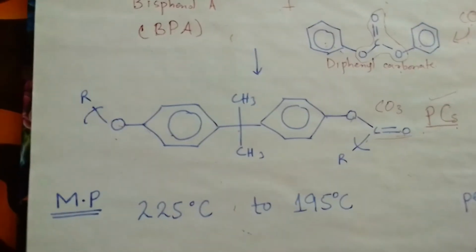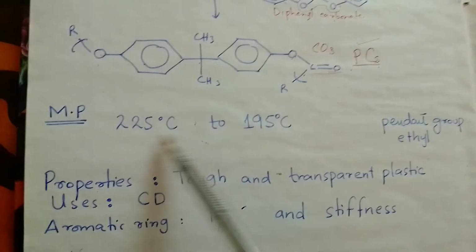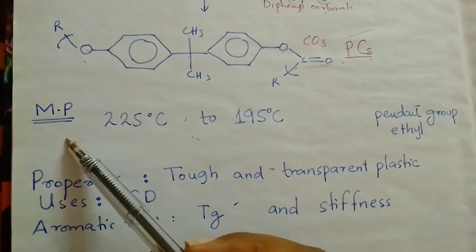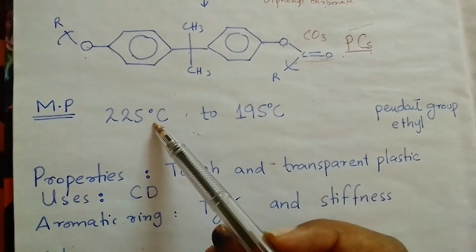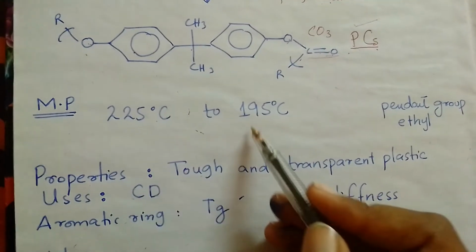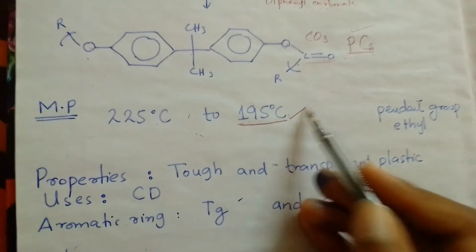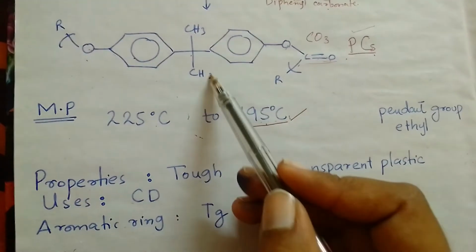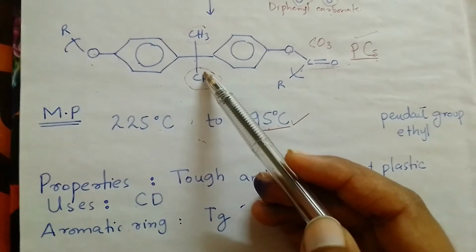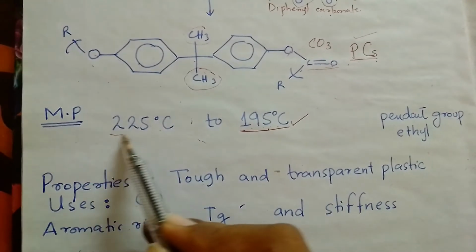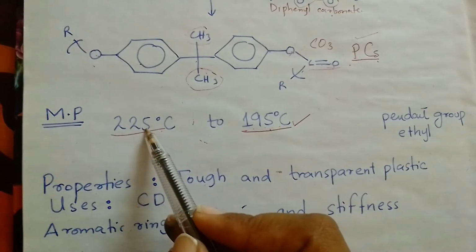Now let's move toward the next, that is basically the melting point. The melting point of the polycarbonate is 225 °C, but now it has decreased to 195 °C. But how? Remember one thing, we have these two pendant groups that are methyl pendant groups. If we have methyl pendant groups, the melting point is 225.